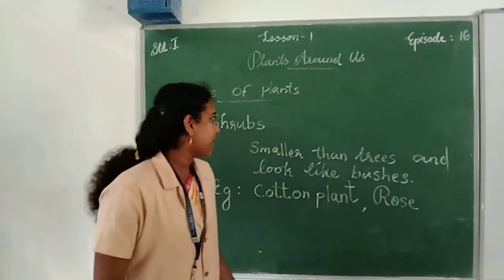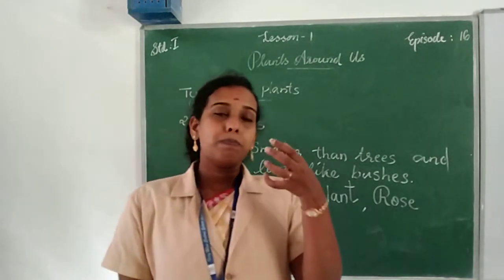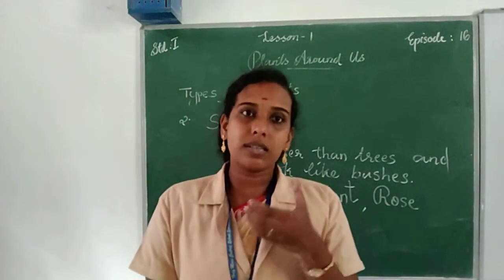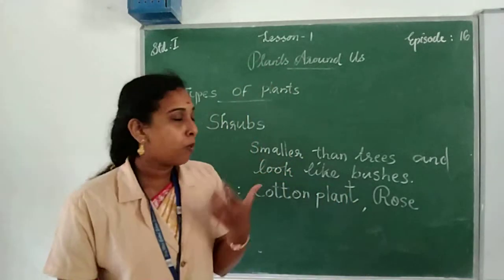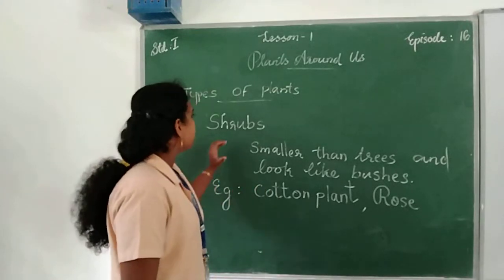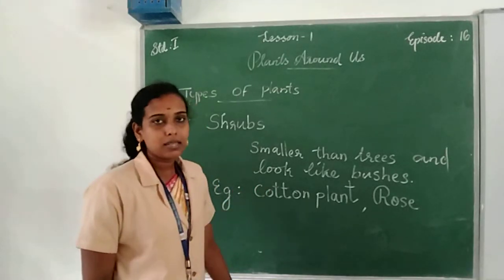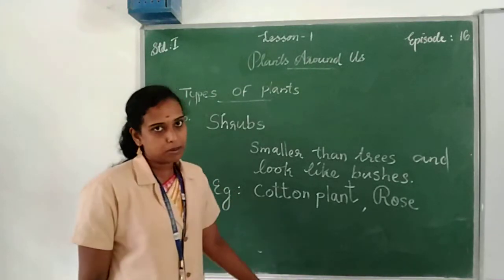Cotton plant and rose are examples for shrubs. So shrubs are plants that are smaller than trees, look like bushes, and have many hard stems. Examples are cotton plant and rose, and jasmine is also an example for shrub.